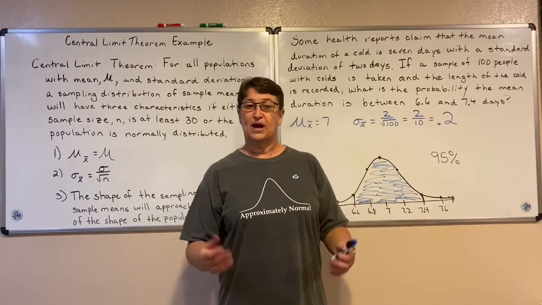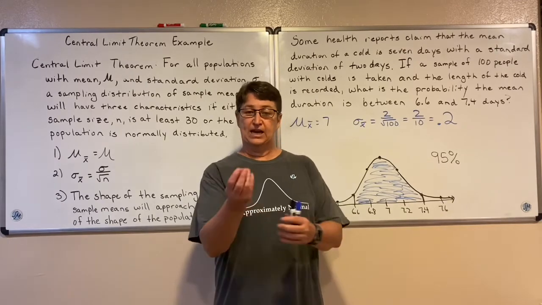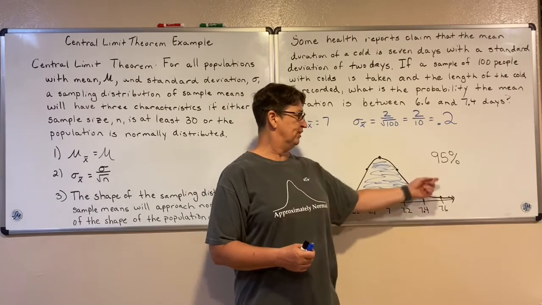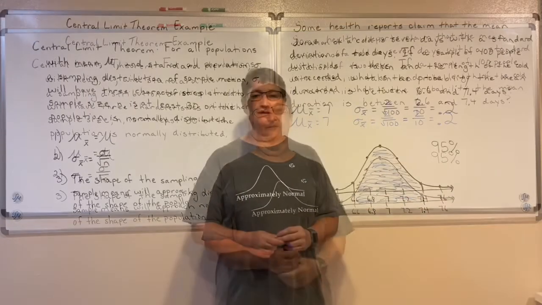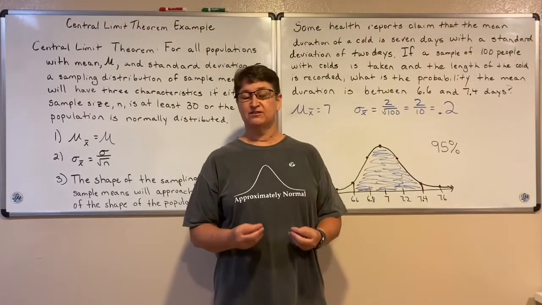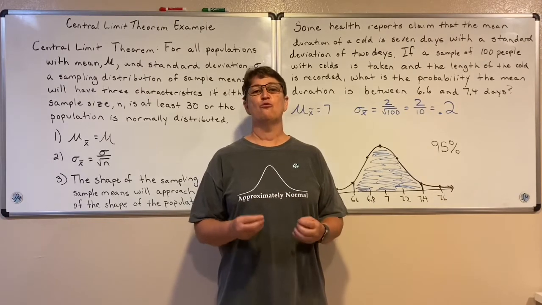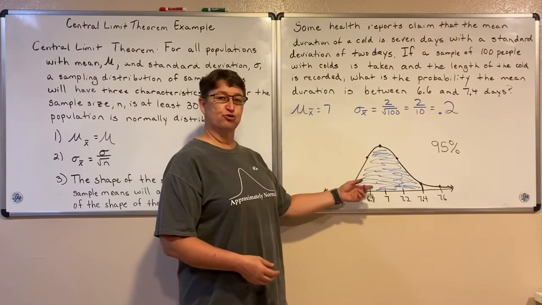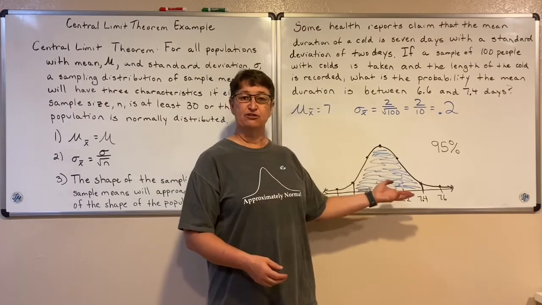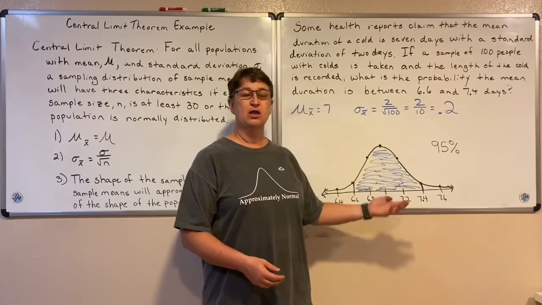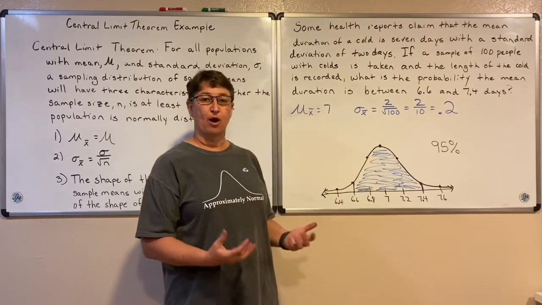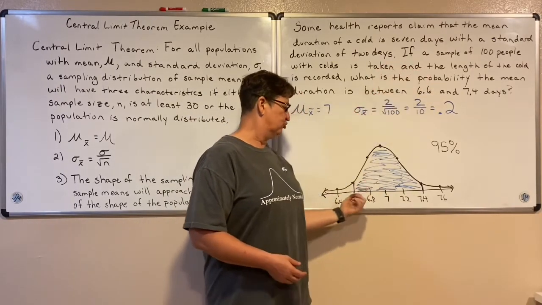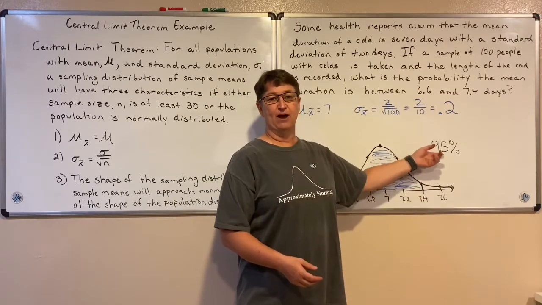So the probability that we get a mean from those 100 people that is somewhere in between there is 95%. This is what makes the central limit theorem so very powerful. The fact that we know that this distribution of sample means is approximately normal lets us know that the probability that the mean of this sample is between those two values is 95%.